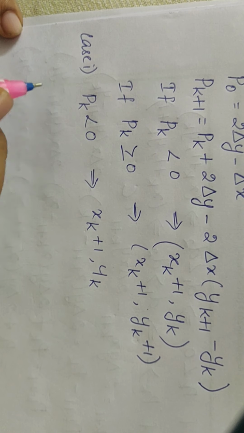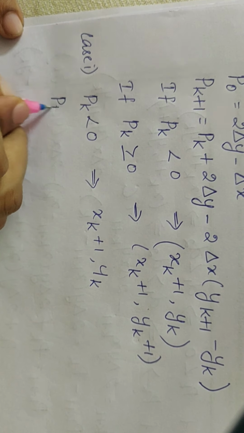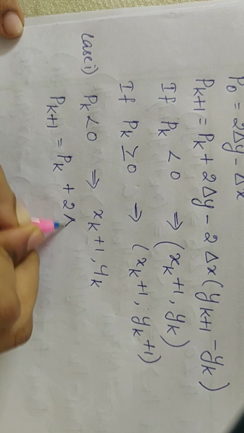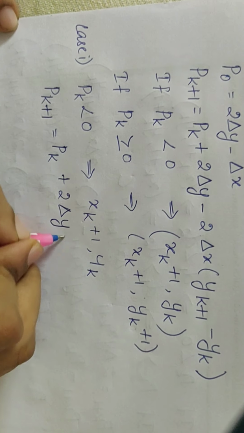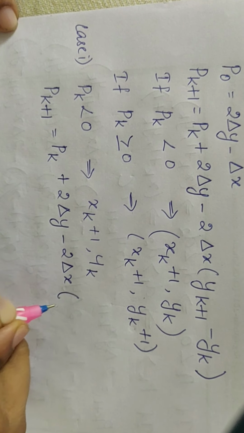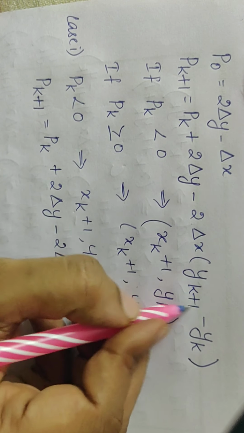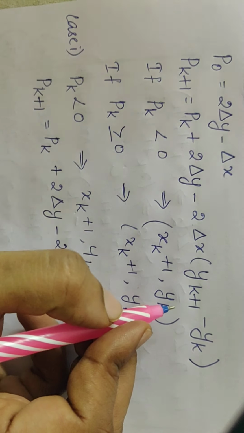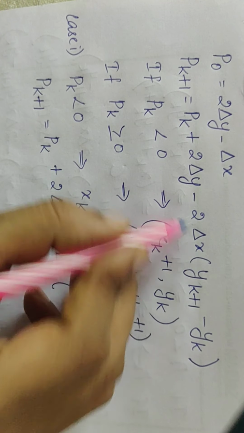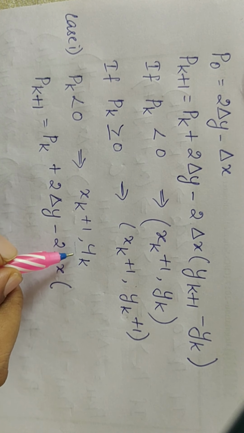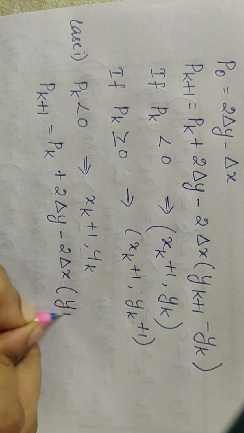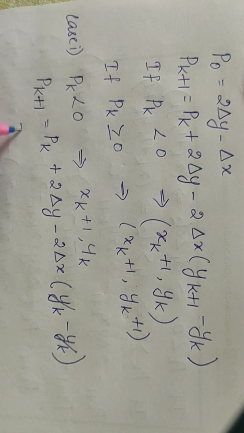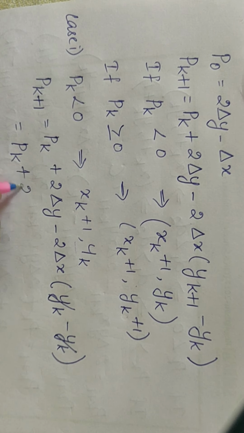So what should I do? In this case, what is the next pk? pk plus 1 is equal to pk plus 2 delta y minus 2 delta x (yk plus 1 minus yk). In the beginning I told you, every time you see k plus 1, understand that it is just the next value of y. In this case, the next value of y is yk, so yk minus yk gets cancelled, and you get pk plus 2 delta y.